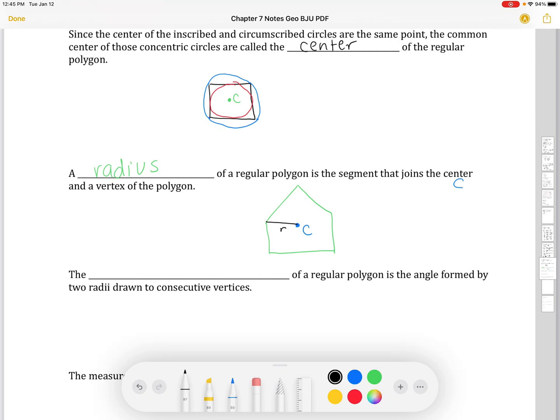Just like if I were to draw a radius here on this circle up above, that would be a radius of the circle. But the radius of the polygon would go to the vertex.